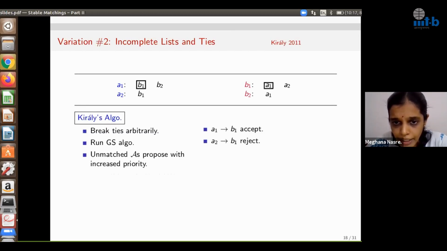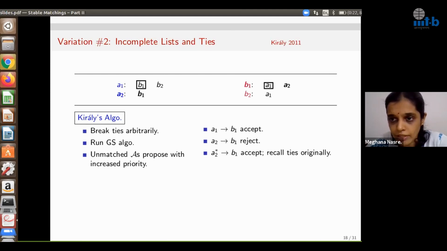Therefore, Gale and Shapley gives us the matching, which is just A1, B1. But then A2 star proposes to B1, and B1 now looks at the current partner and says that, okay, I have A1, I will accept A2 star because A2 star is a higher priority man, and also that A1 and A2 were tied in my preference list. So that is why it is accepting it.